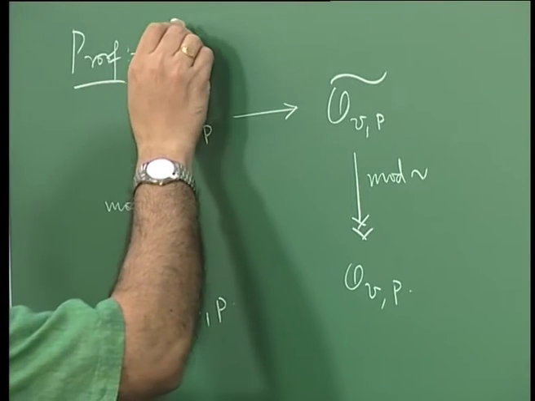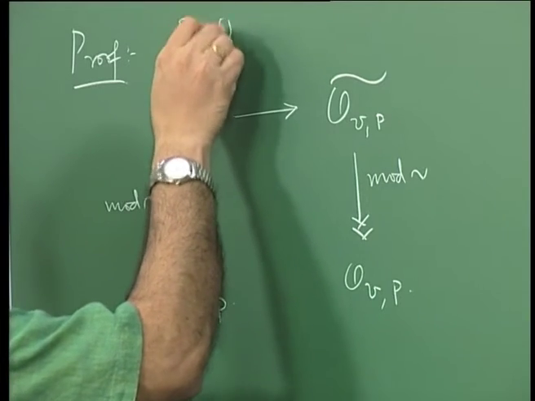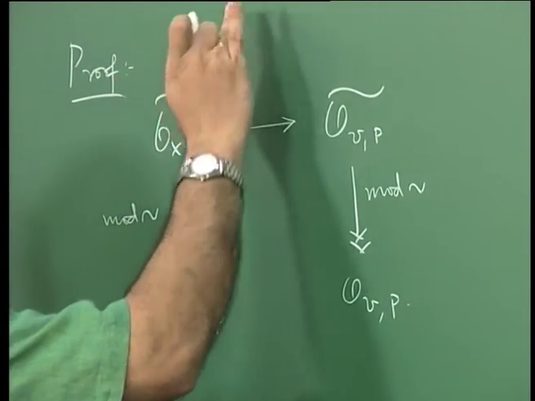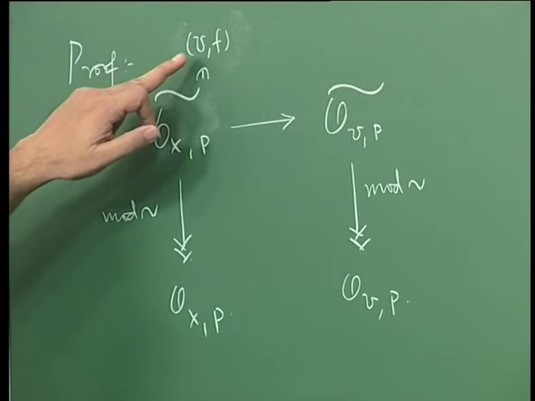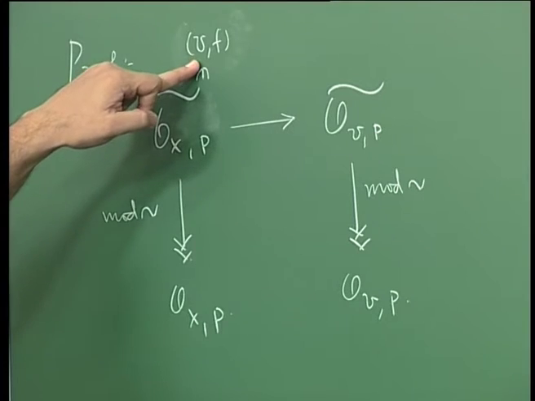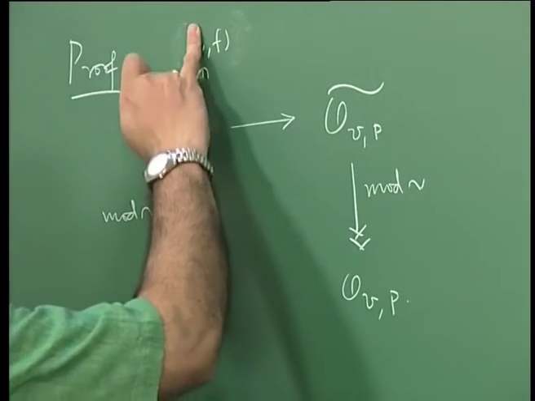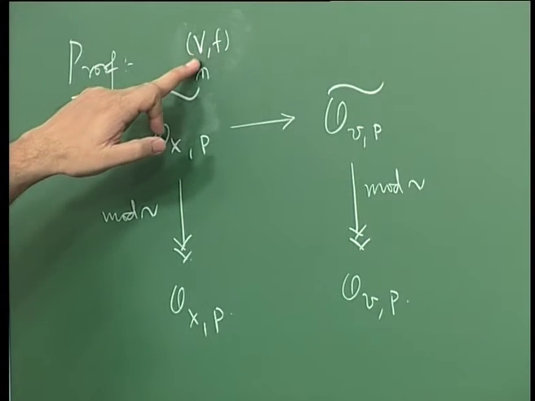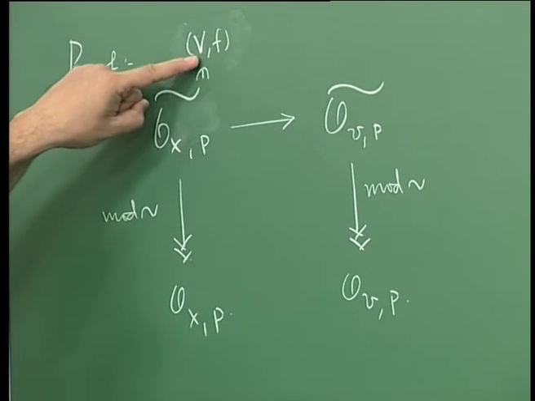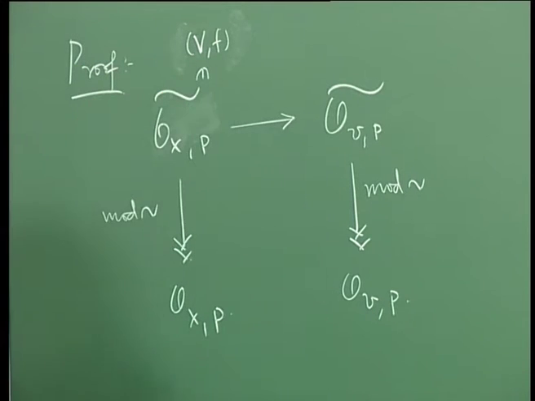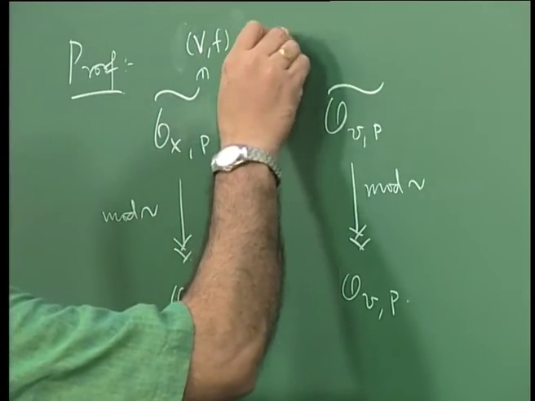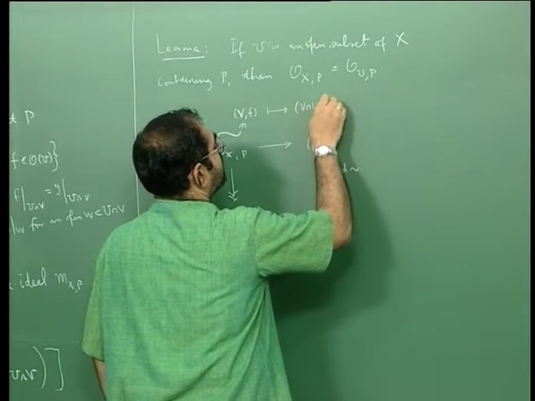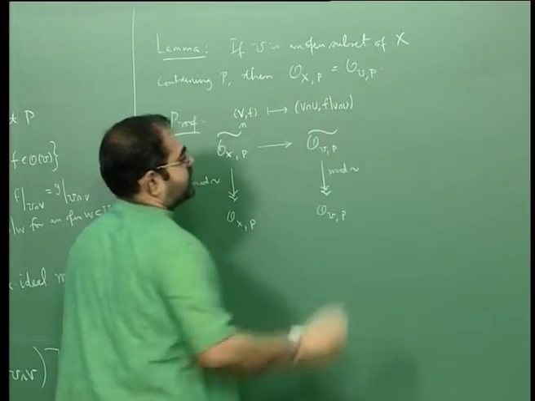Namely, you give me an element here, which consists of a pair with a function f which is regular on an open set which contains the point P. Maybe I should not use the same U, since U is already fixed, let me use V. So if you have a pair (V, f), then V is an open subset containing the point P, and f is a regular function on V. Now I can simply restrict it to V intersection U. So I can just take (V intersection U, f restricted to V intersection U).